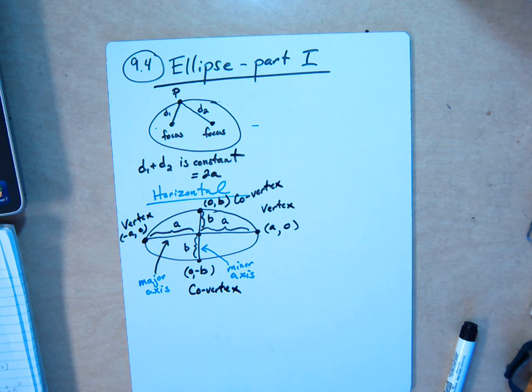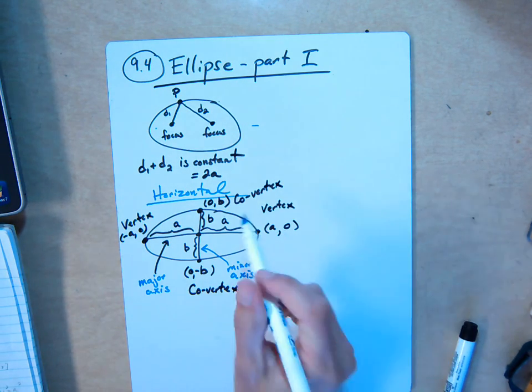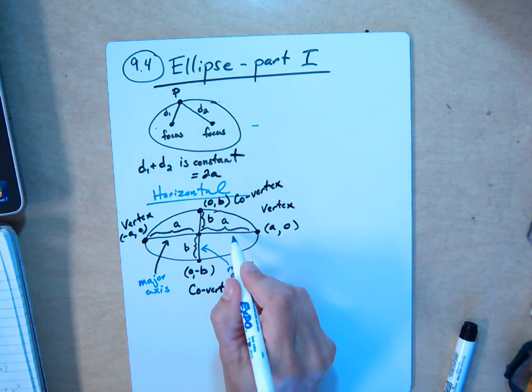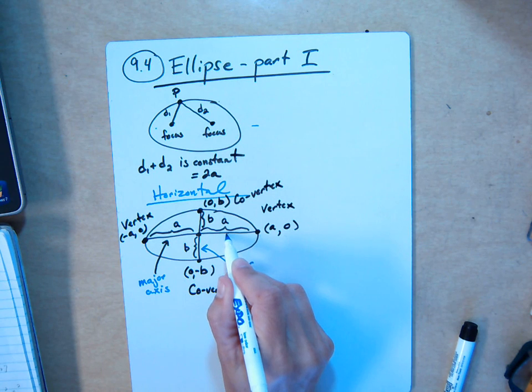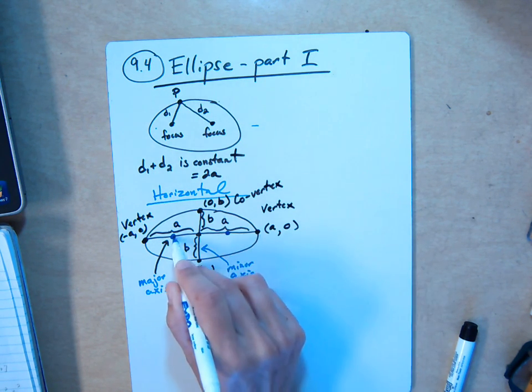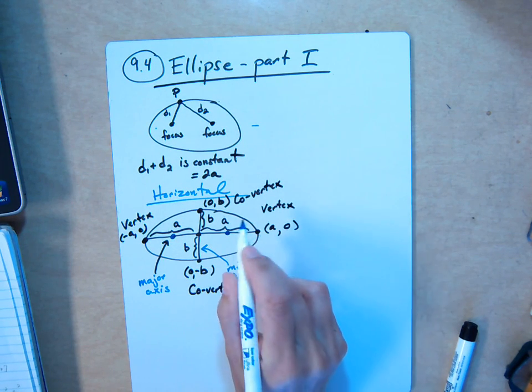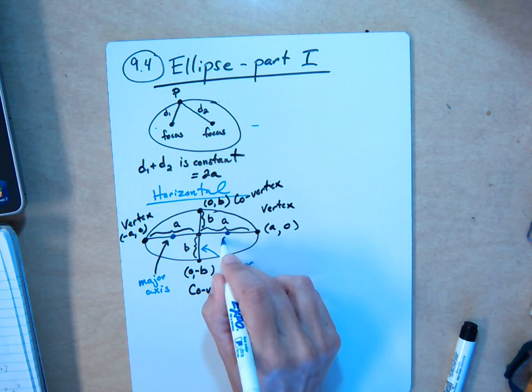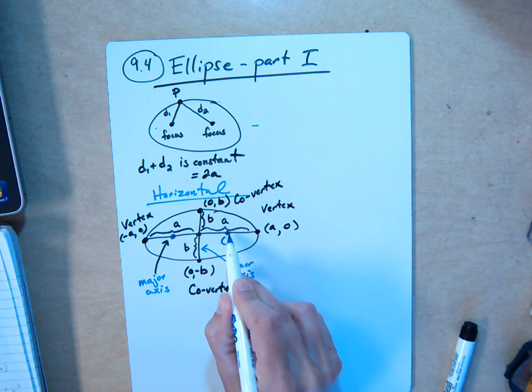Okay, and then the two focus points that we talked about in this picture are going to be roughly here and here. And we use the letter c as the distance from the center to the focus point.